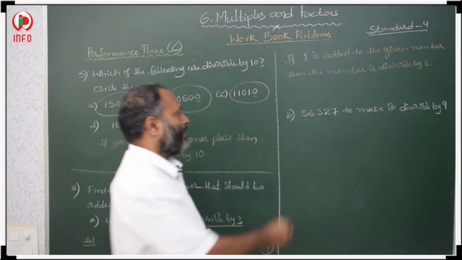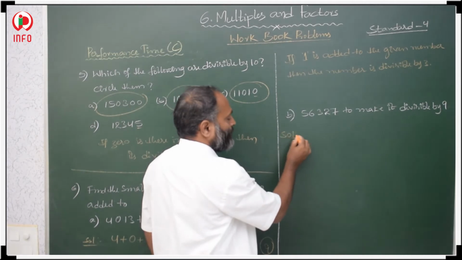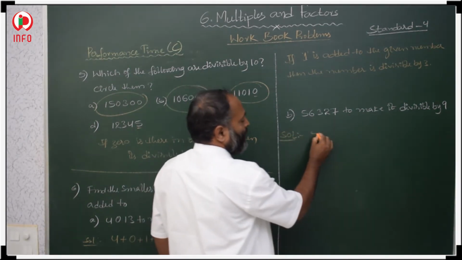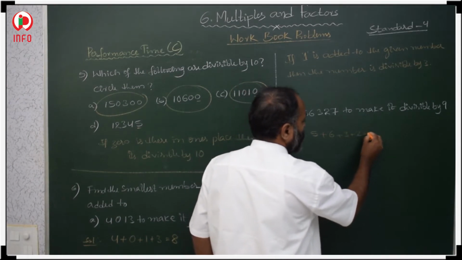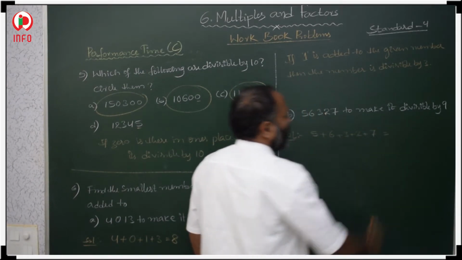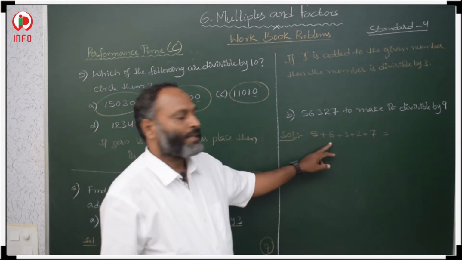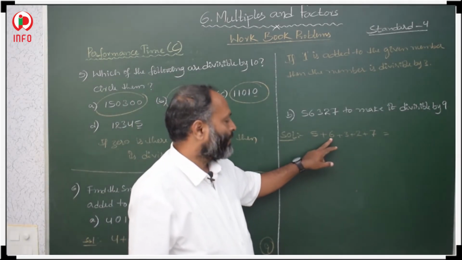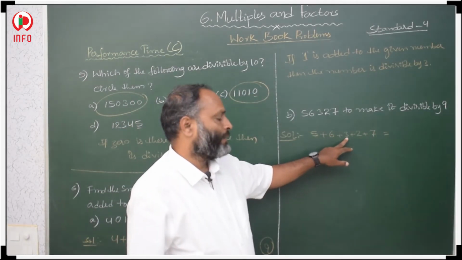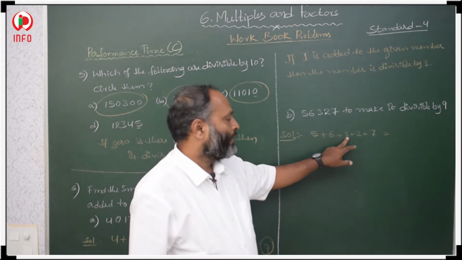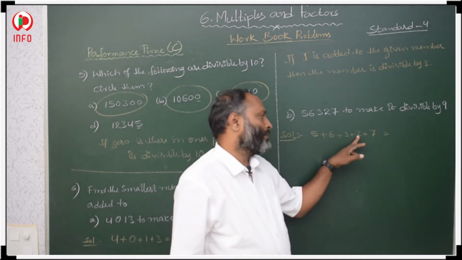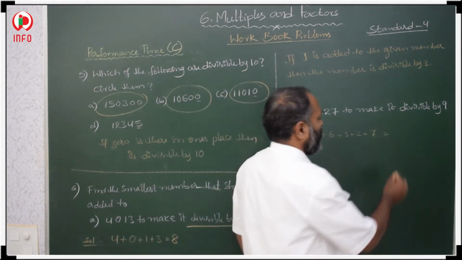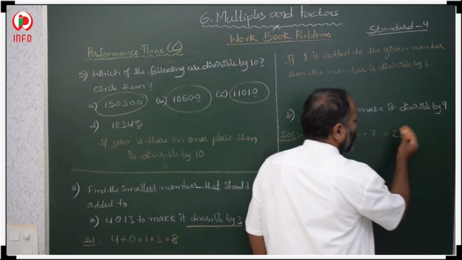In the same way for 9 also, first we have to add the digits: 5 plus 6 plus 3 plus 2 plus 7. 5 plus 6 is 11, 11 plus 3 is 14, 14 plus 2 is 16, 16 plus 7 is 23.